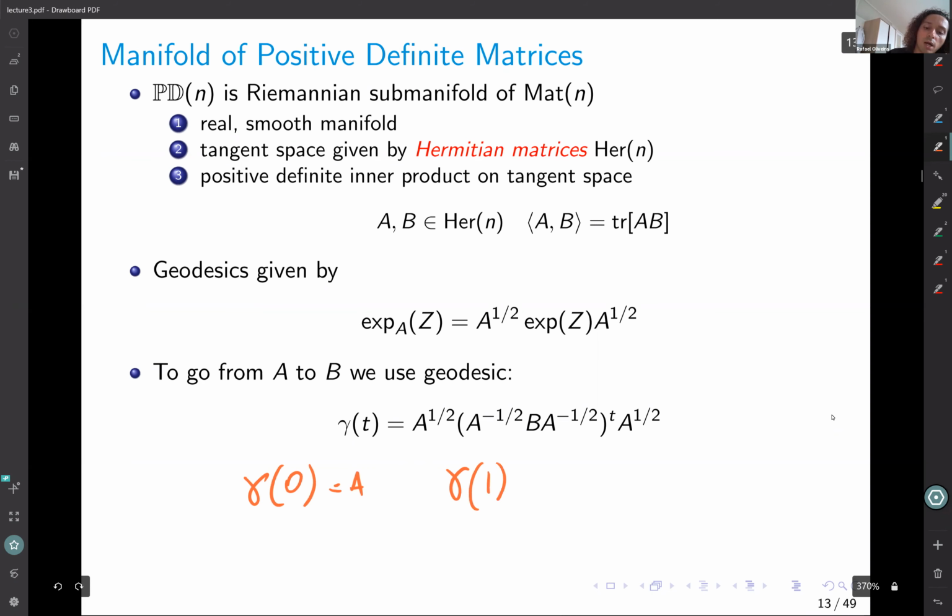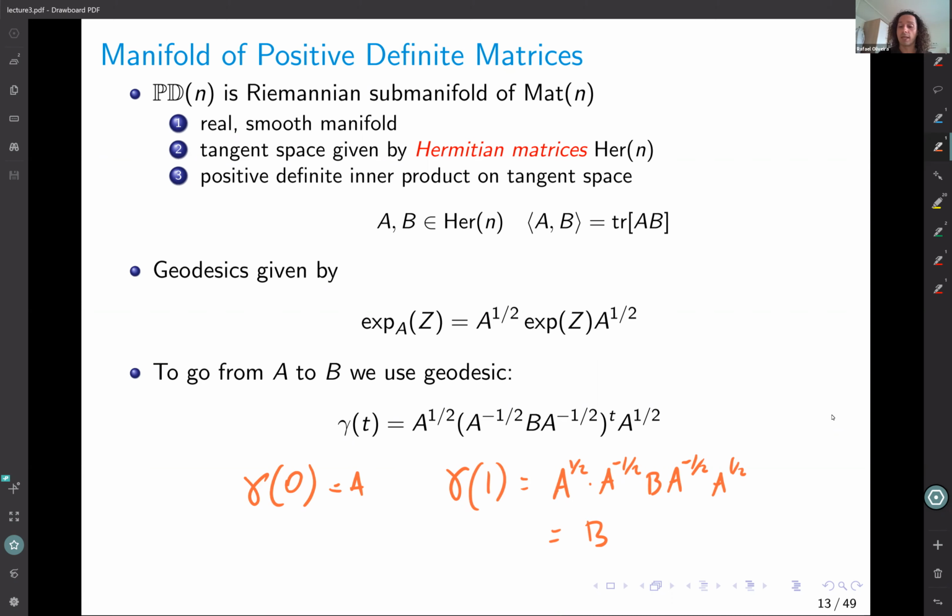When t is equal to 1, we get A^(1/2) times A^(-1/2) B A^(-1/2) times A^(1/2), which is exactly B, right? So this is certainly a curve that goes from A to B, and it turns out that these are the shortest geodesics in the Riemannian submanifold.